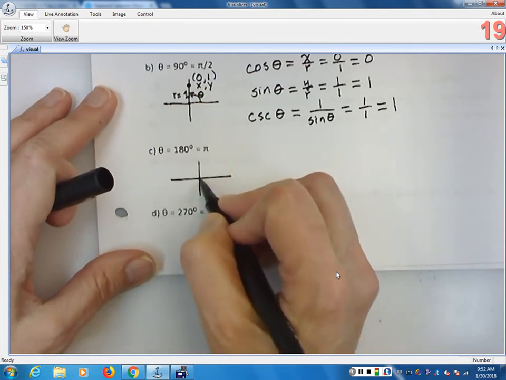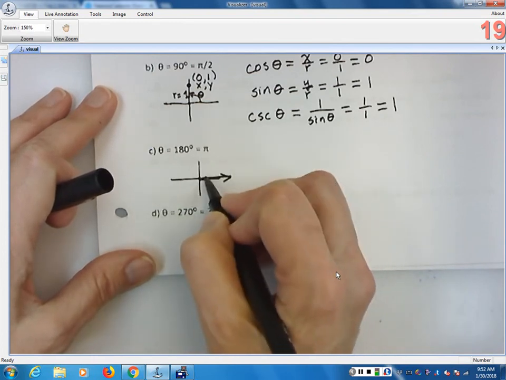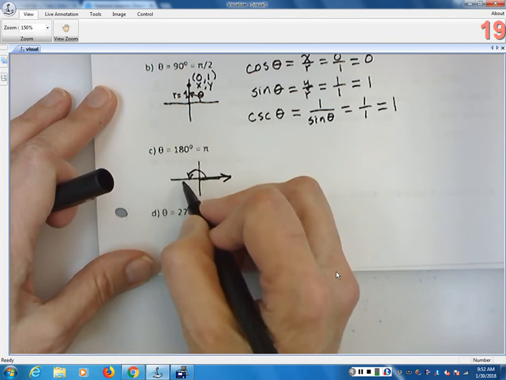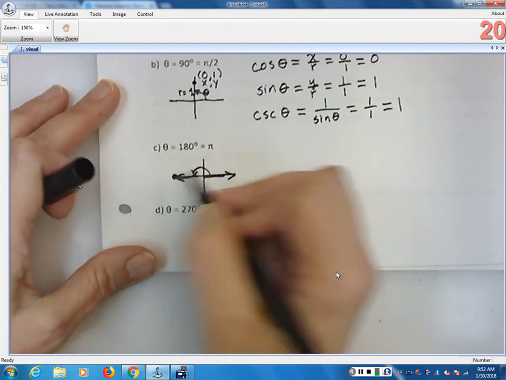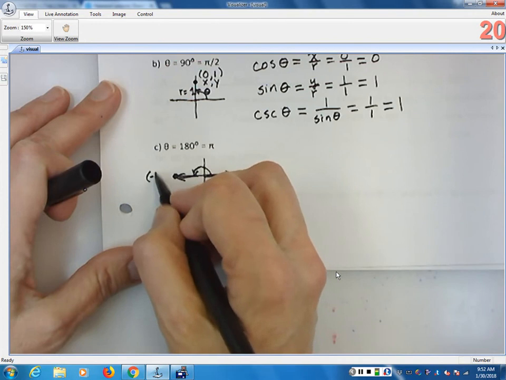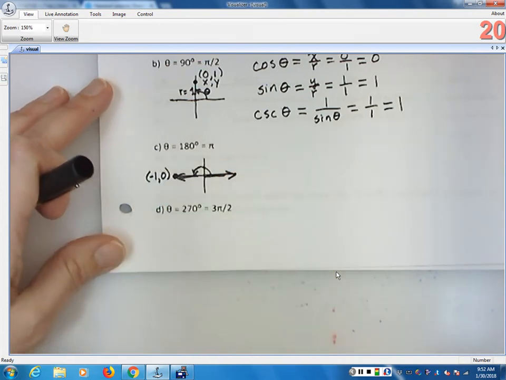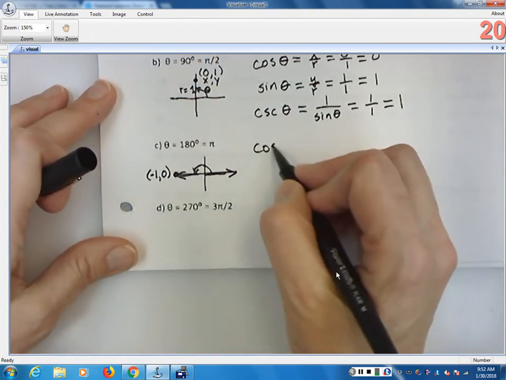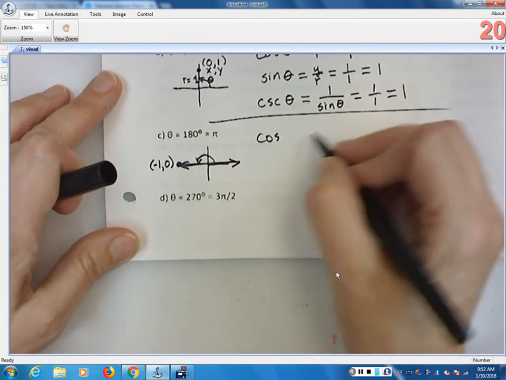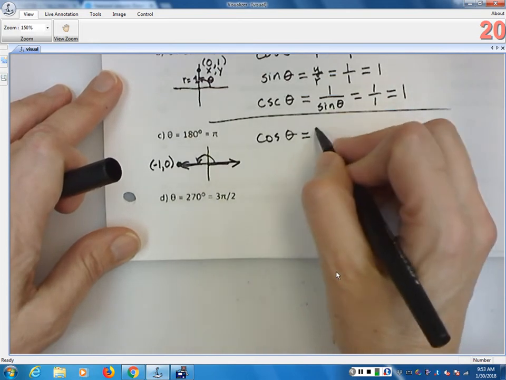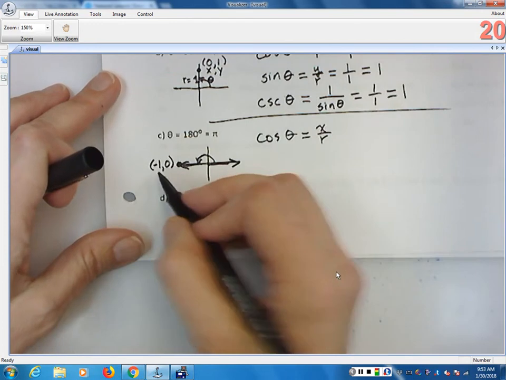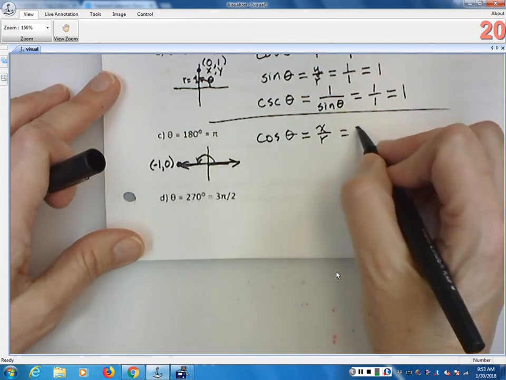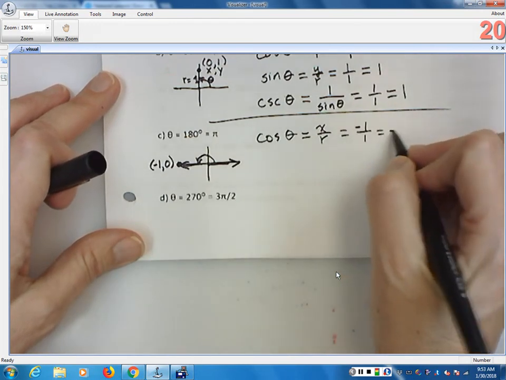So we start at this initial side, and our angle goes to here, and we're going to use the point (-1, 0). So cosine theta is going to be x over r. r again is 1, x is -1, so it is -1.